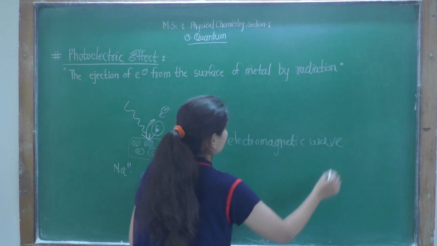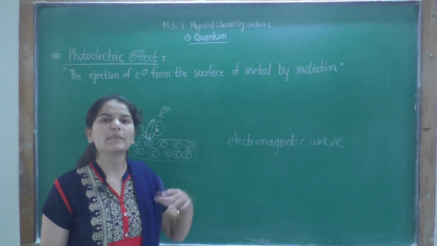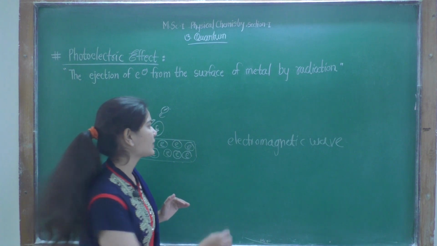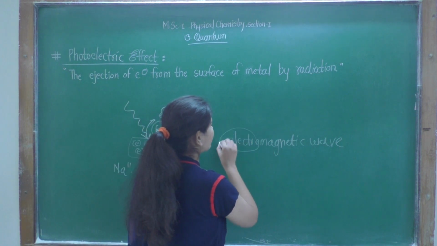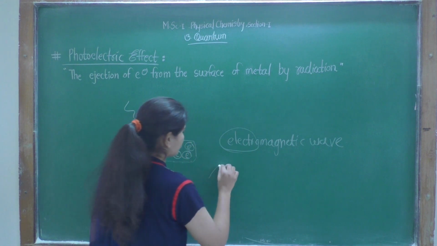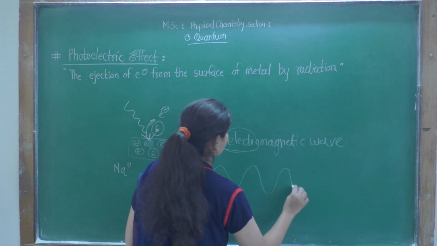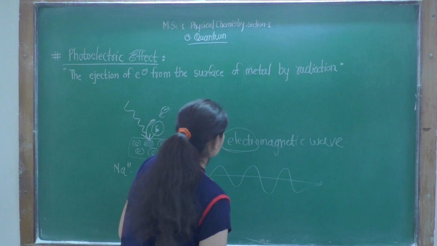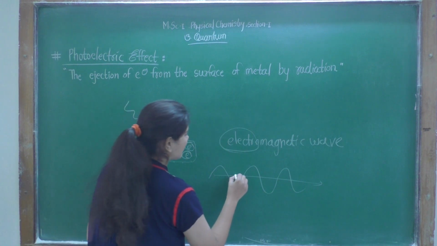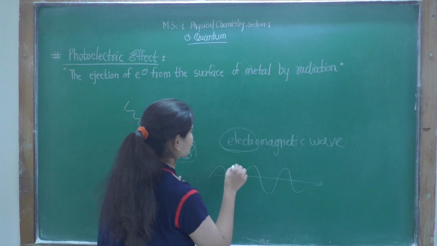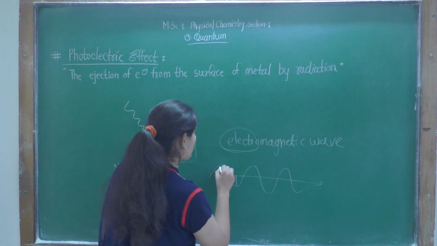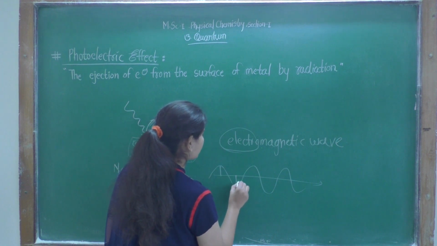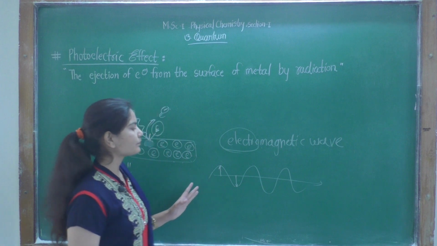So what will it have? It will have a perpendicular electric field. It will have an electric field perpendicular to the axis, right? And as it is a wave, it has a crest, it has a trough, and some amplitude, right? It has amplitude also.